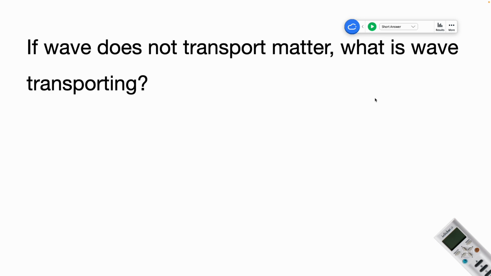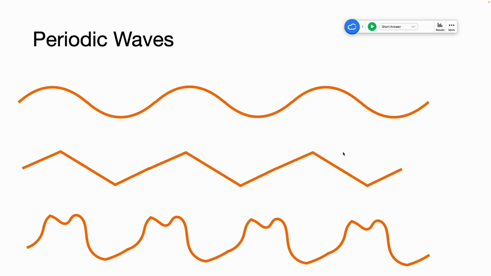So what you have seen is wave, and most of them are something we call periodic wave. A periodic wave is something that looks like this. It doesn't have to be a specific shape, but the shape should repeat itself forever. If you see the shape of the wave is repeating itself forever, then that's what we call a periodic wave because it's periodic.